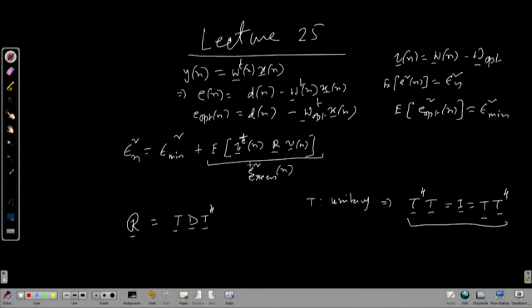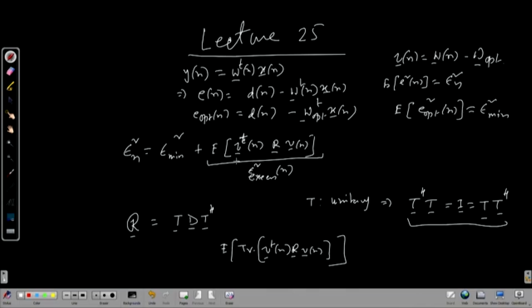So, this scalar, this excess term, I can write as the trace of this quantity, because the whole thing is a scalar. A scalar is a 1 by 1 matrix which is square, and therefore, the trace of that is that element itself. So, this whole element is nothing but its trace.